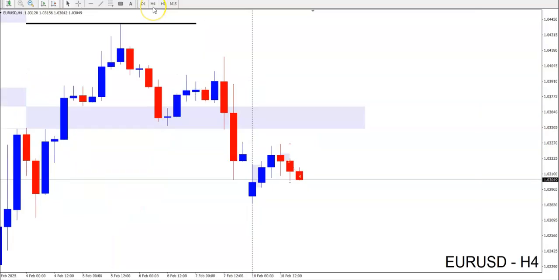Moving forward to the 4-hour time frame, this is the 4-hour time frame, and what we saw today, just by following the price action, is that here the structure shifted to the downside.